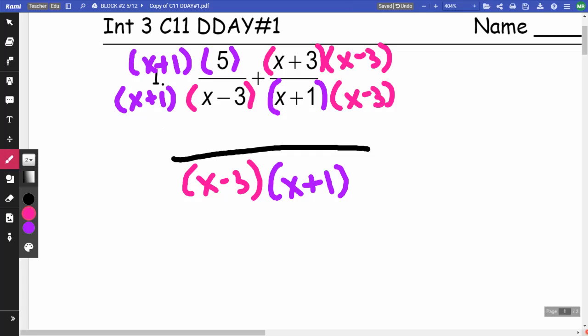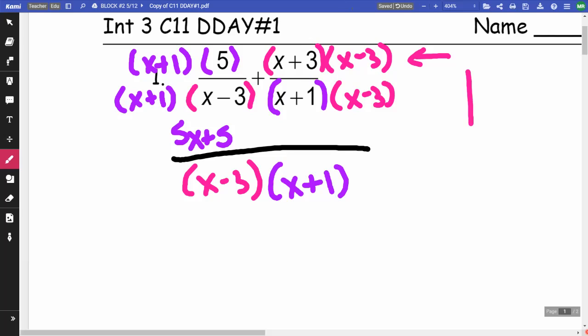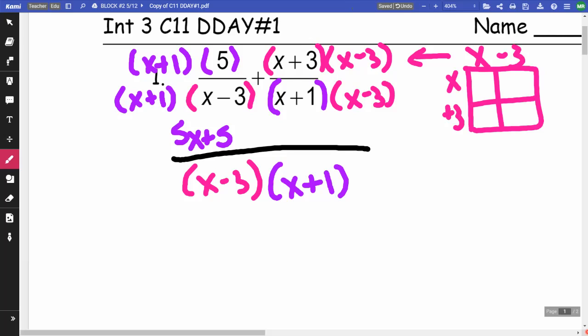So when I'm dealing with the first fraction and I multiply top and bottom by x plus 1 on top, I am going to get a 5x plus 5 when I multiply that out. In the second fraction, when I take this x minus 3, x plus 3, and I work that out, you can use a box if you need to and go x minus 3, x plus 3 and work it out.